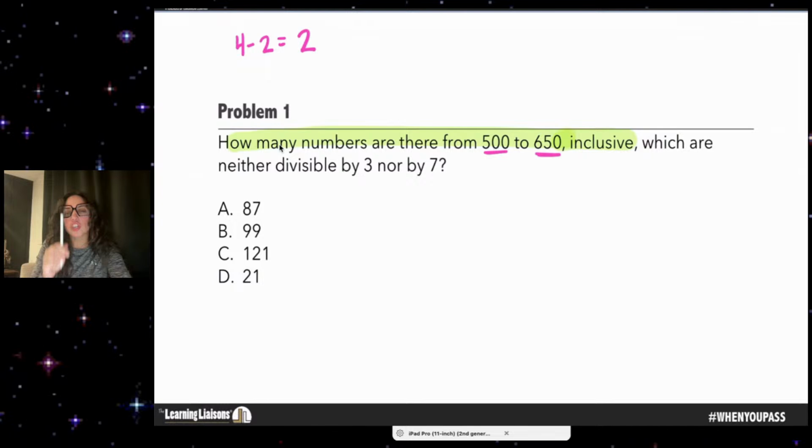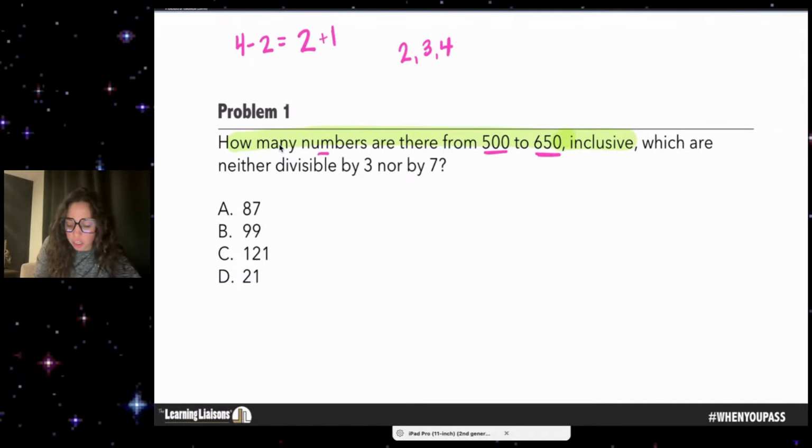But if I list all the numbers between 2 and 4 inclusive, it would be 2, 3, and 4. Anytime we're working with inclusive, we have to add 1, because you're finding the difference, but then you need to include the number before it. So inclusive means add 1.